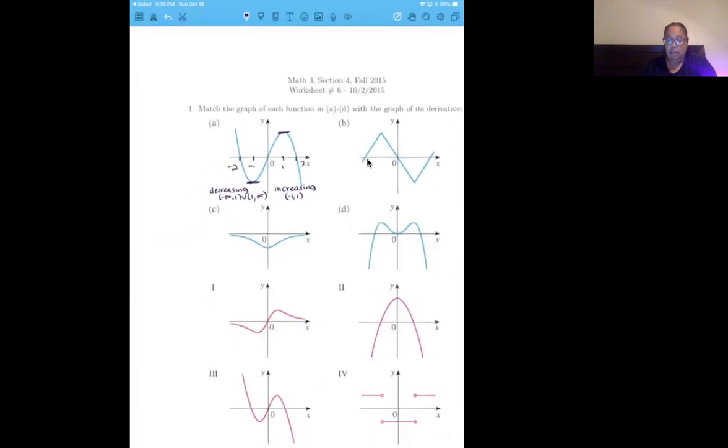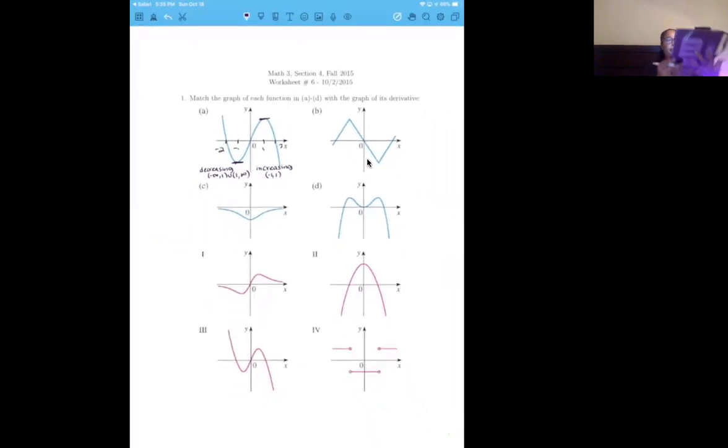So if I'm looking at these graphs here, the first thing I need is for it to go through the x-axis at these 2 points. So does it go through the x-axis at these 2 points? This one is going through the x-axis at these 2 points, and I think that is the only one.